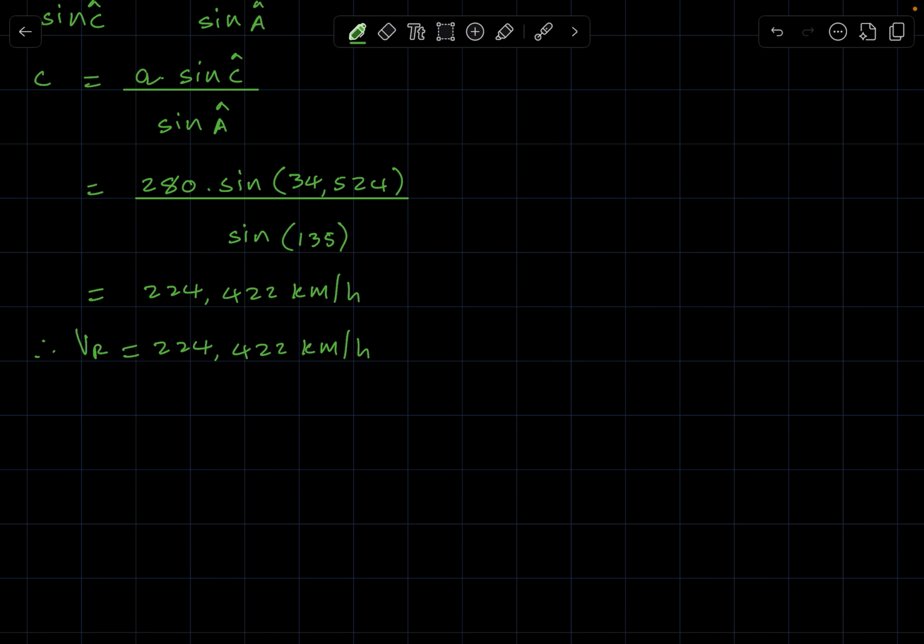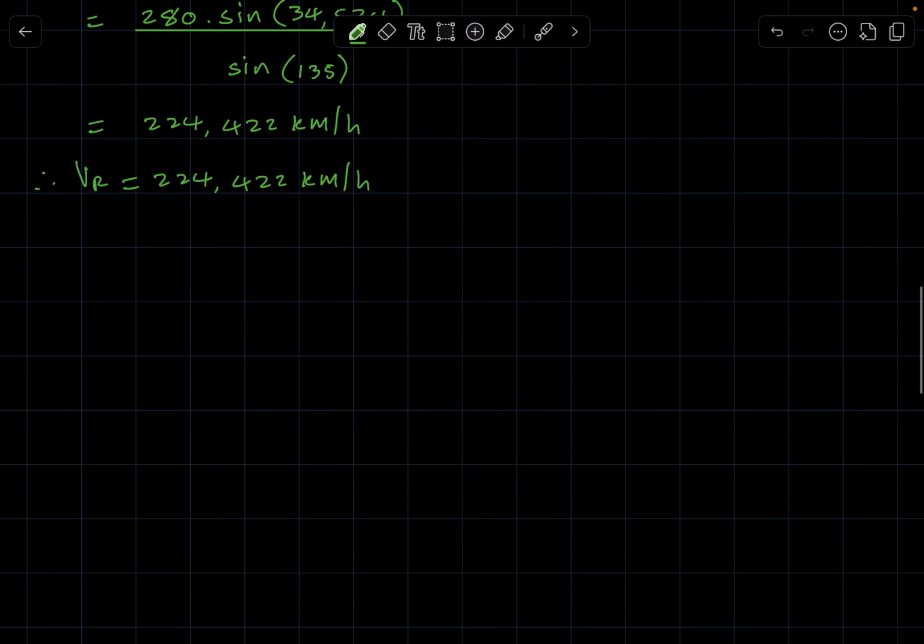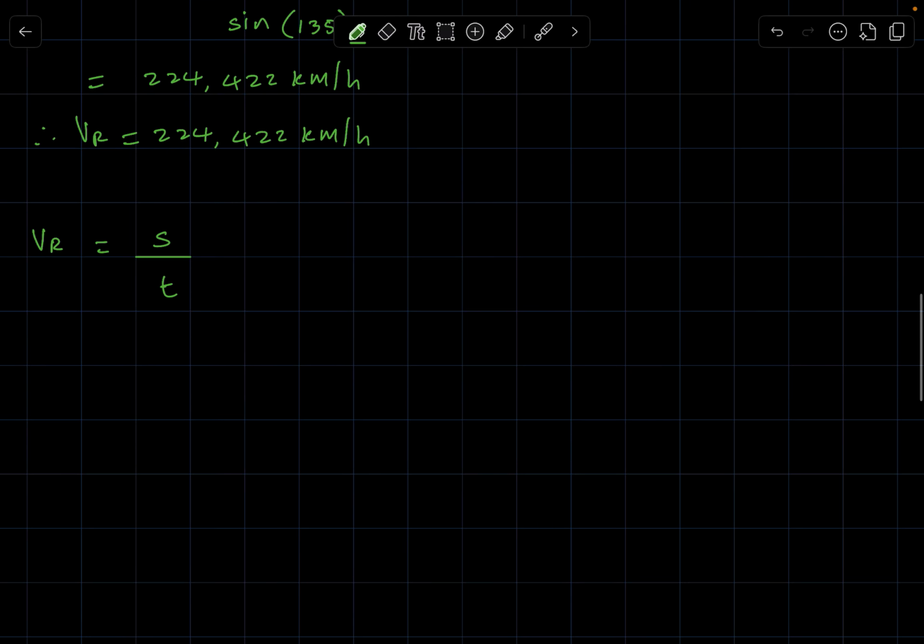Now we have VR and we have the displacement. Remember that VR is equal to S over T. We have VR, we have S, we are looking for T. So we must make T the subject of the formula. T is equal to S divided by VR.